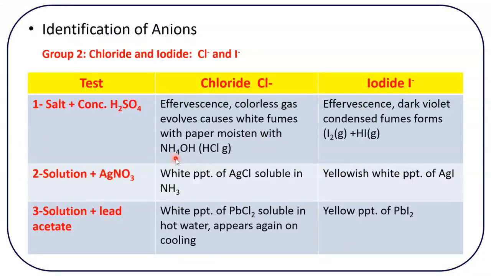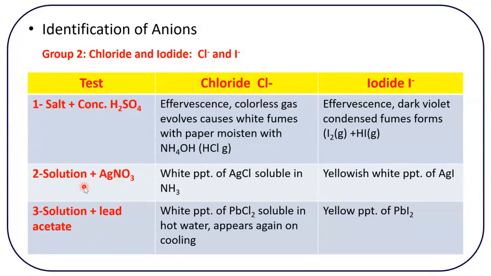By the way, I'm going to show the videos for all these tests. In case of iodide, you will see a very strong reaction, effervescence and dark violet condensed fumes. These fumes are a mixture of two gases, iodine gas and hydrogen iodide gas.